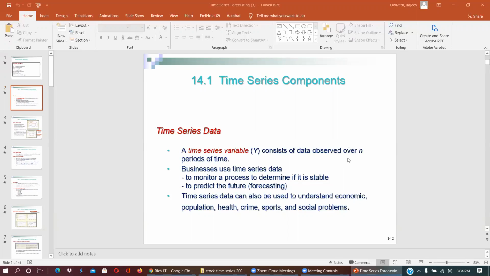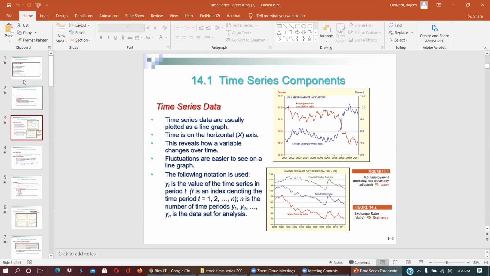Crime, population, health, different economic data, social problems, homelessness, drug addicts, all of this is called time series data, where one dimension is time, on the x-axis.